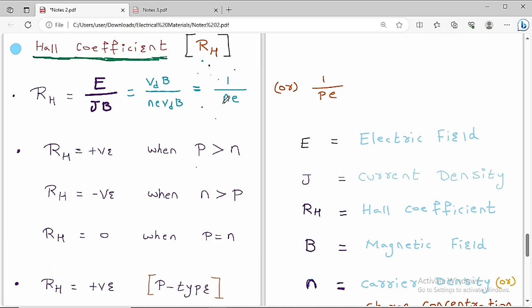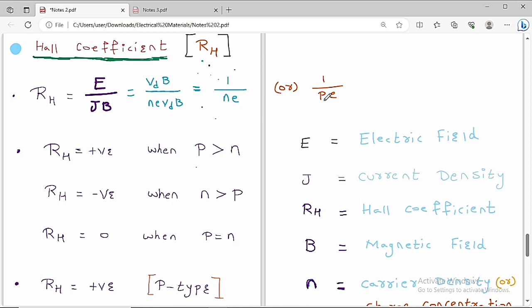Why? Because electrons have a negative sign and holes have a positive sign. So whenever you know the Hall coefficient, you can find the value of N, or the value of P. These are the charge carrier concentrations, the number of charge particles present per unit volume, or you can also call it charge density.